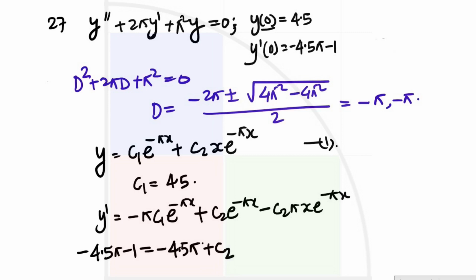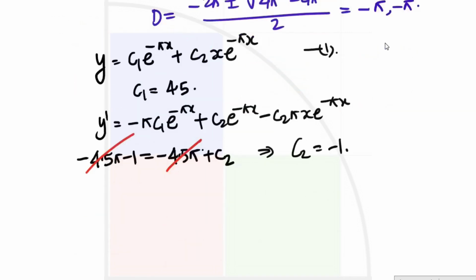Since x is a multiple here, this expression will vanish, it will not be there. Therefore, in this case, minus 4.5 pi cancels this minus 4.5 pi here, and our equation will become c2 is equal to just minus 1.